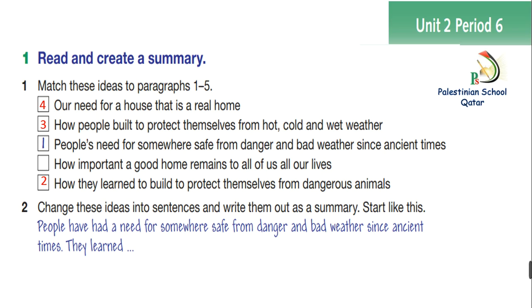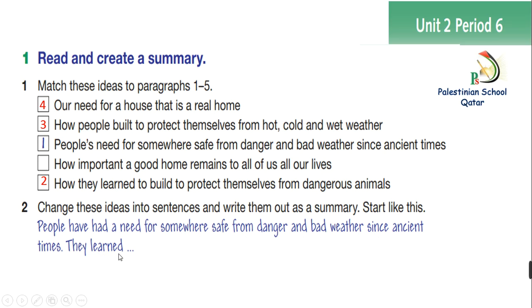So we need to connect these sentences together as a paragraph, and this is an example of it in number 2. Change these ideas into sentences and write them out as a summary. Start like this: People have had a need for somewhere safe from danger and bad weather since ancient times.